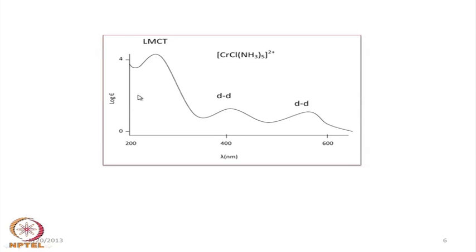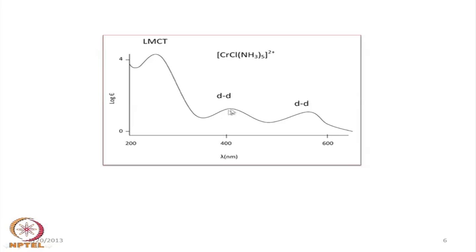And what we will see next is that if we systematically analyze the different types of electronic spectra we can have, we will find that we can have 3 different types of d-d transitions which are allowed to some extent depending upon the relaxation of the selection rules.